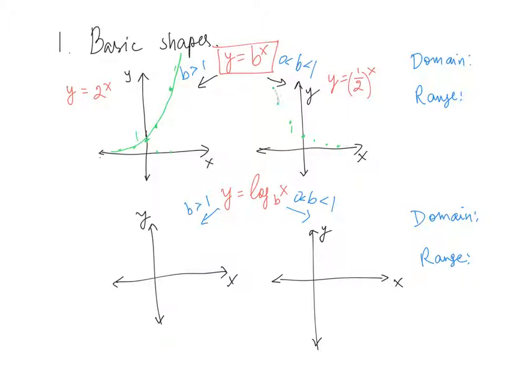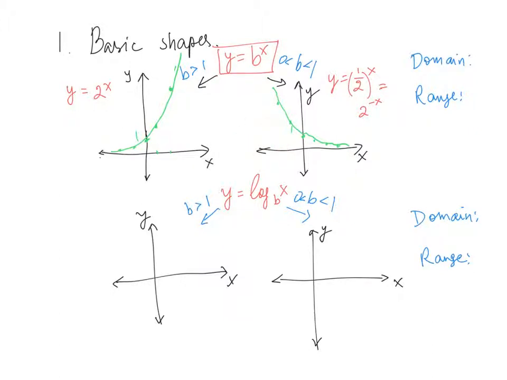So you see that the graph is reflection of the first graph with respect to the y-axis. And why is this happening? Because 1/2 to the x power can be written as 2 to the negative x power. In other words, whatever happens for positive x's here happens for the opposites over here.